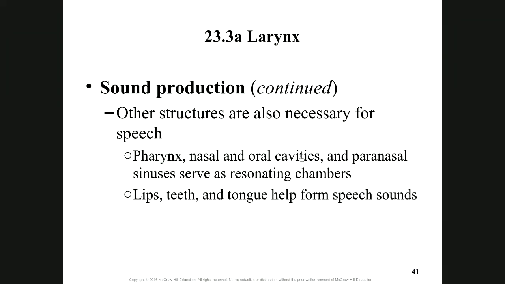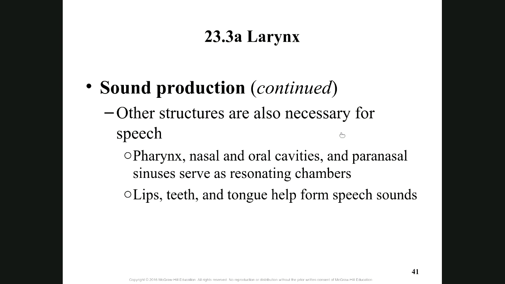And sound production is due to passage of the air in resonating chambers. After the sound is produced in our larynx, it passes through our pharynx, nasal cavity, paranasal sinuses, and our oral cavity.